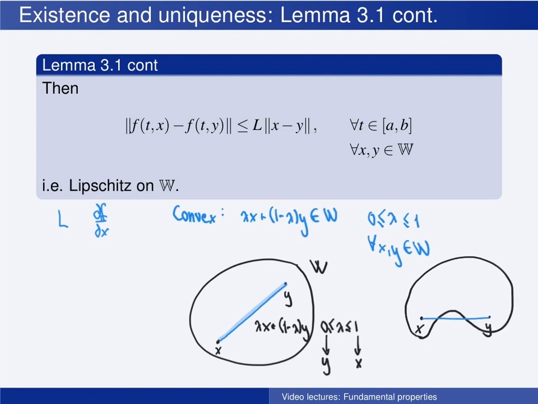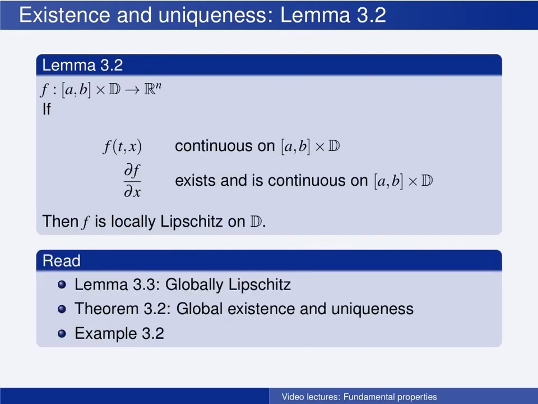So Lemma 3.1 gave a condition for the function being Lipschitz. The first condition of this lemma was that the function should be continuously differentiable. What if this is the only condition that is satisfied? What if the function is continuously differentiable on the set a to b and D, meaning that the function is continuous on the set and that the first order derivative exists and is continuous on the set?